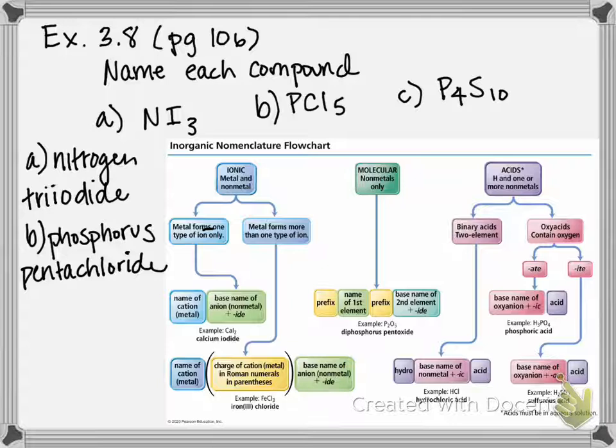And then last but not least, C, we have P4S10. So now our first element isn't just 1, it's another number other than 1, happens to be 4. So here we do have to put a prefix. The prefix for 4 is tetra, so it's going to be tetraphosphorus.